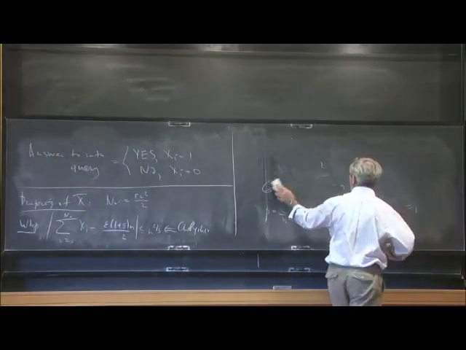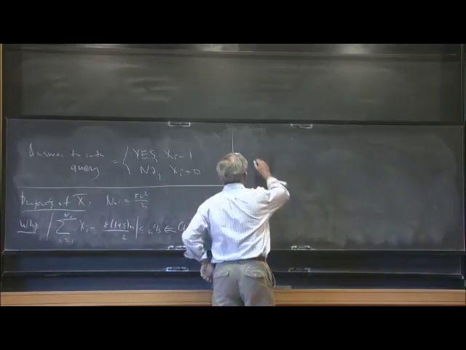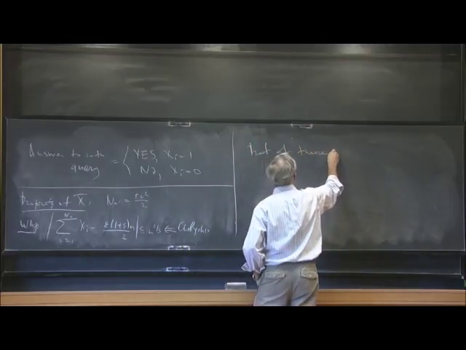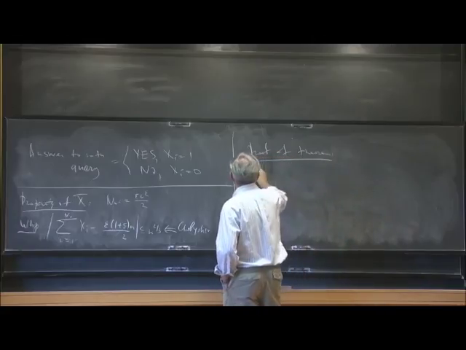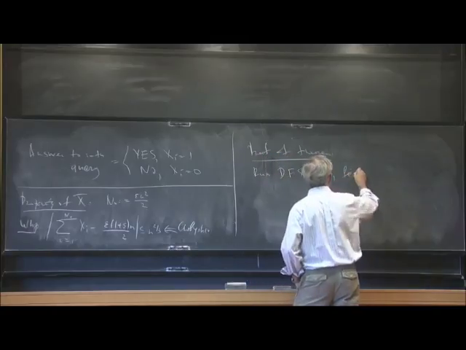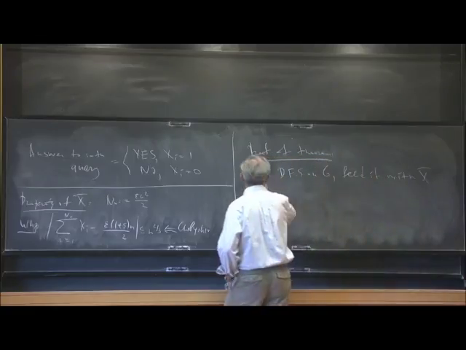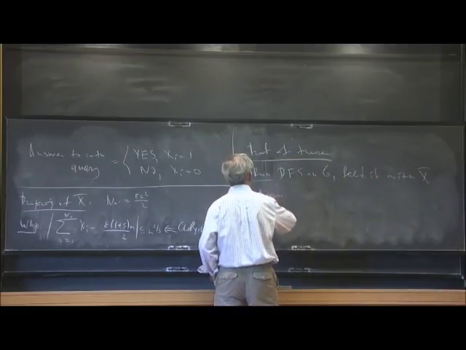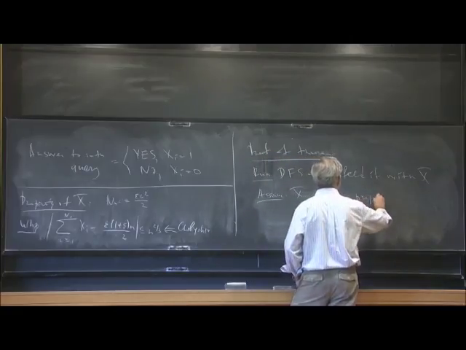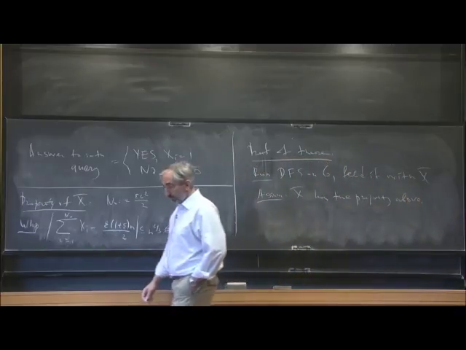So let's go back to the graph. Proof of theorem. We run DFS on G. We feed it with the vector x, and we assume the vector x has the property above. That's my situation, and now I claim the following.